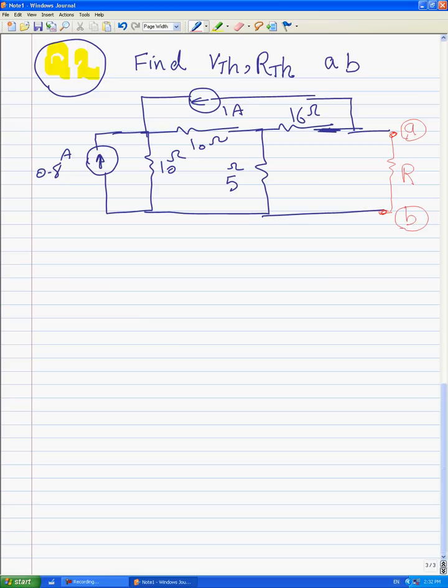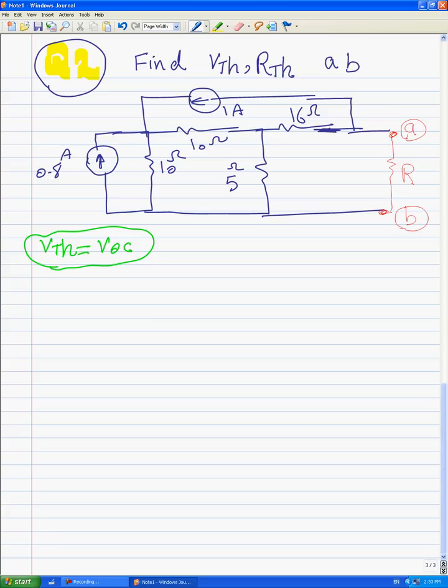Okay, again, we want to start with determining VTH, which is equal to the open circuit voltage. We can use source transformation in this circuit.